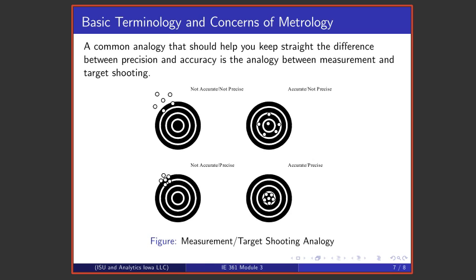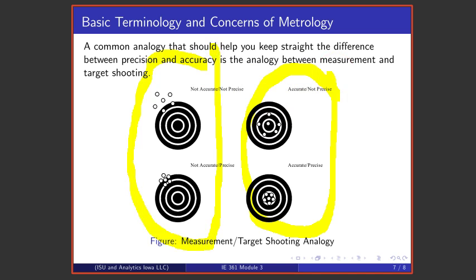I can be at the center of the target, or I can be off center. These are targets where I've shot near the center. There I'm shooting accurately. Over here, I'm not shooting accurately. I'm shooting high and to the left.